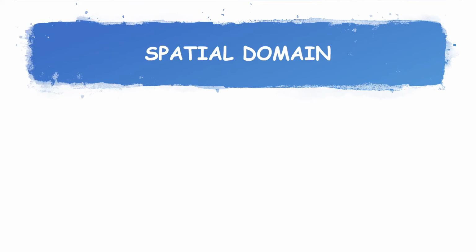Moving on to the spatial domain. The term spatial domain refers to the aggregate of pixels comprising an image, to improve the quality of an image by direct manipulation of the pixels themselves.